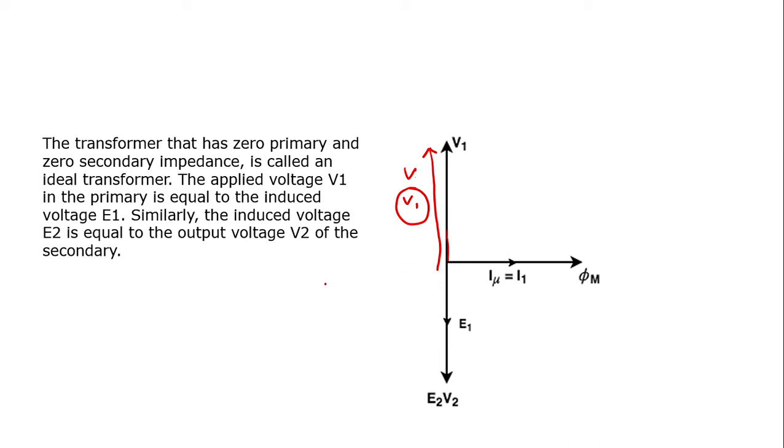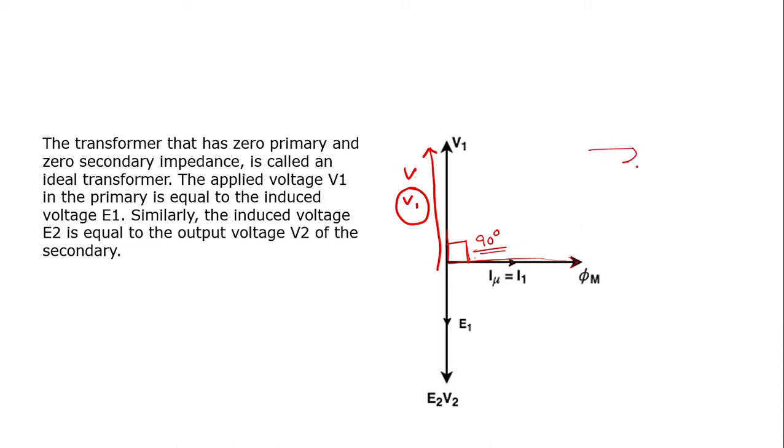So the inductance will deviate the magnetic field, so the current will lag by around 90 degrees for an ideal transformer, right? Now the current due to that is I mu, which is the magnetizing current, or I1, right?